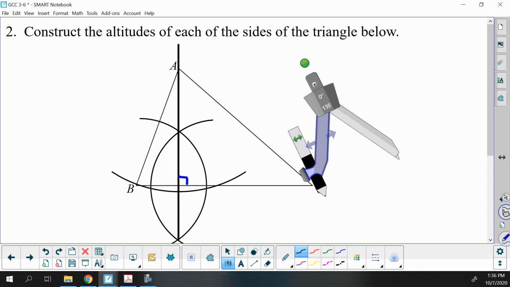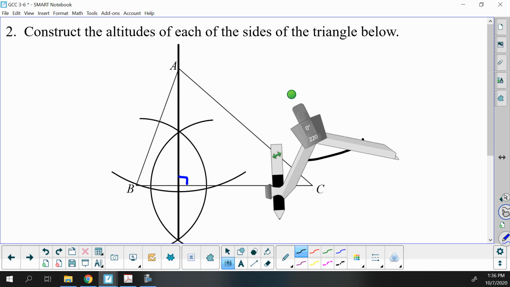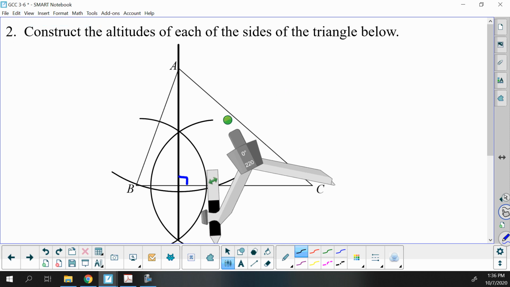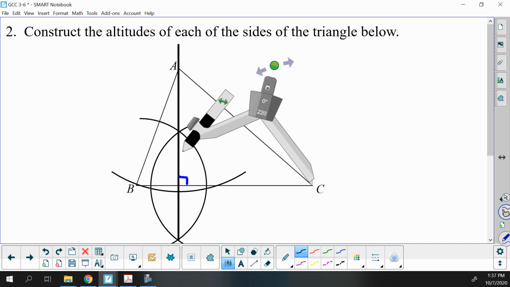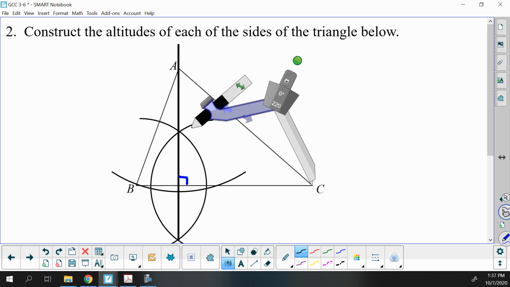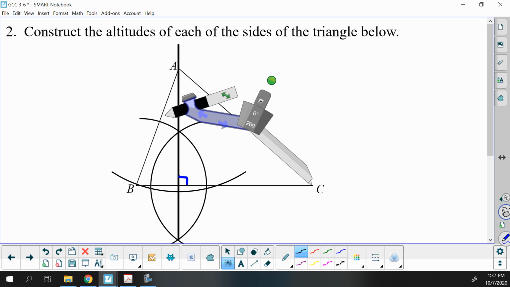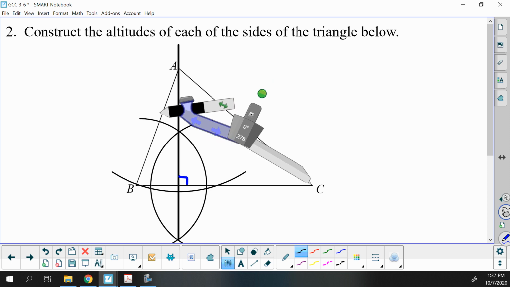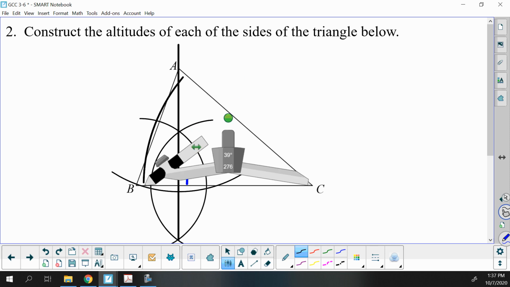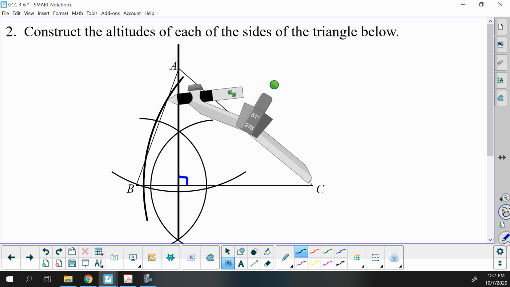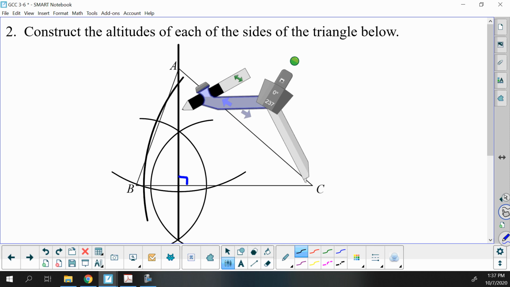So maybe we'll do our altitude from C. So let's put our point on C. And we've got to make an arc that hits the opposite side in two spots. Okay, again, if you need to extend line AB, you can do that.